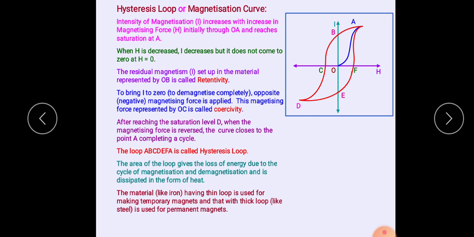That means कि अगर आपको आर्टिफिशियल या इलेक्ट्रोमैग्नेट बनाना हो तो आप आयरन का यूज़ करेंगे ताकि मैग्नेटाइजेशन और डीमैग्नेटाइजेशन में एनर्जी लॉसेस कम से कम हो, और अगर आपको परमानेंट मैग्नेट्स बनाने हैं तब आप स्टील का यूज़ कर सकते हैं.